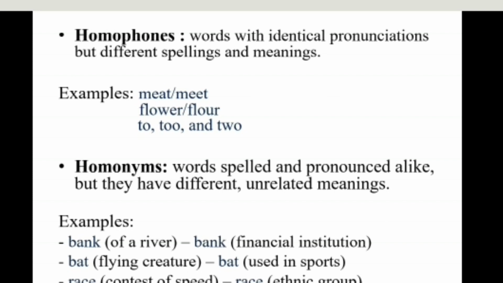Or race, for example, it refers to a contest of speed, like a competition, like we say car race, or it can refer to an ethnic group. These are what we call homonyms, that is to say words that are written in the same way, but they have different meanings, and these meanings are unrelated.